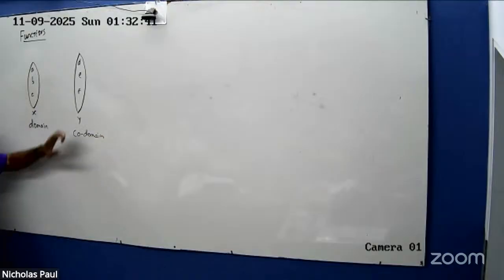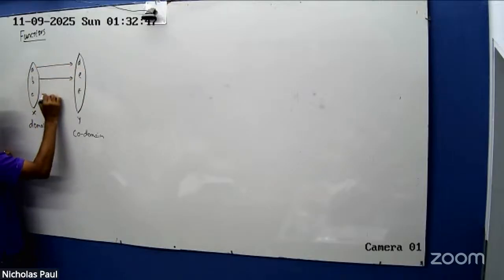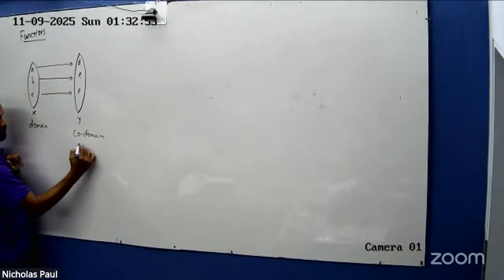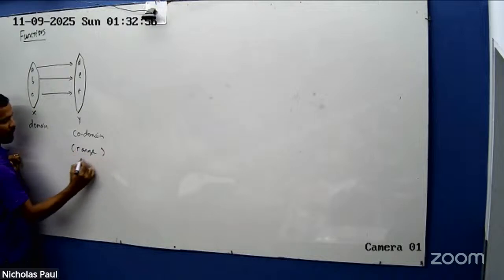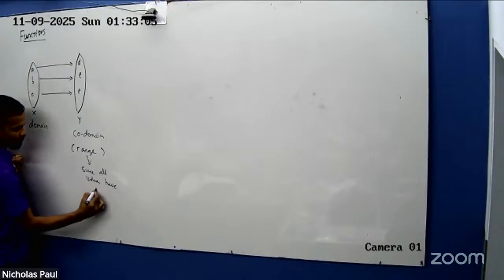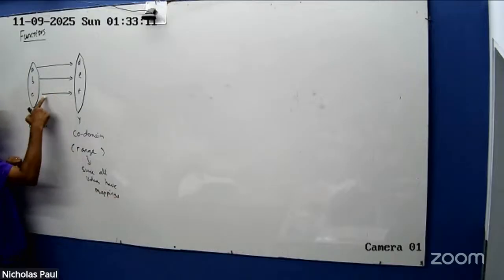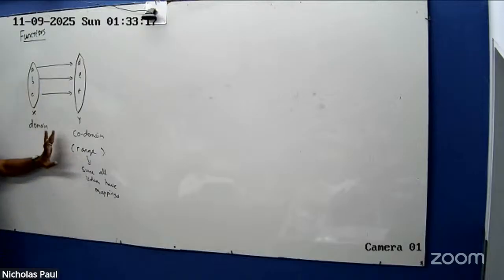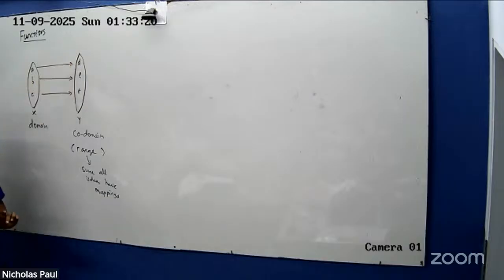If each of these values has a mapping from the domain, then we call them the range, and we only call them the range since all the values have arrows going to them. But for now, we call all these values in here your codomain. Everybody okay with that?